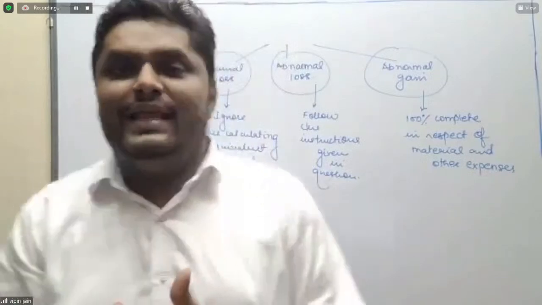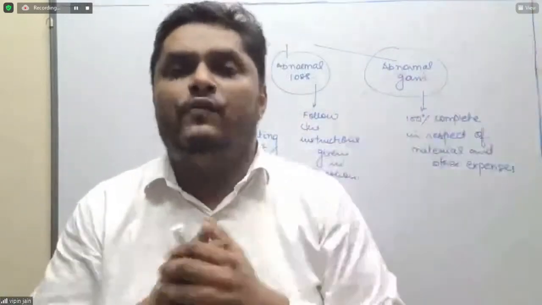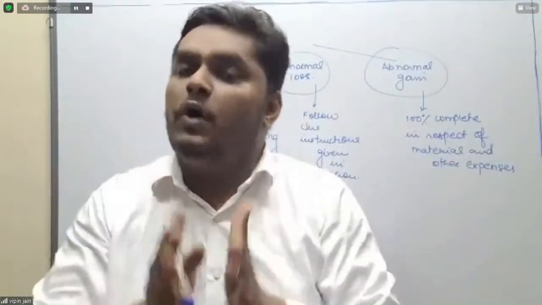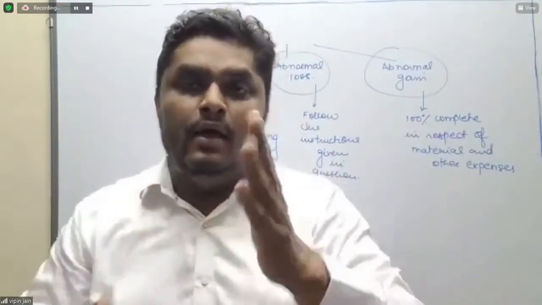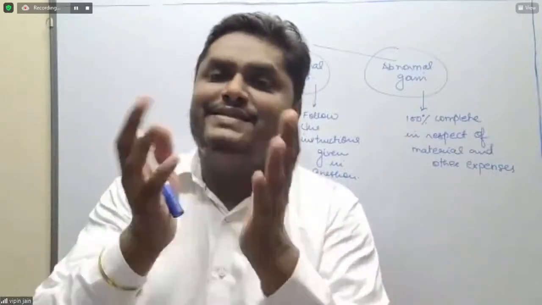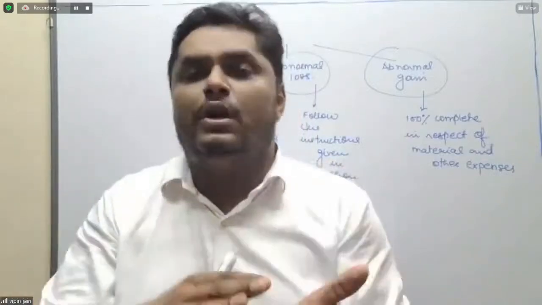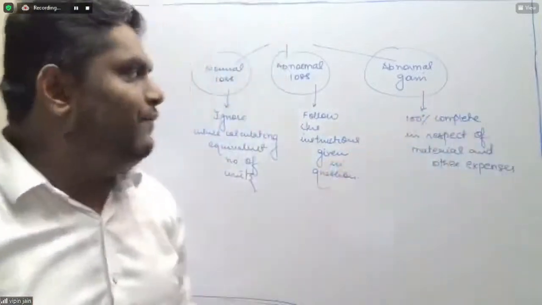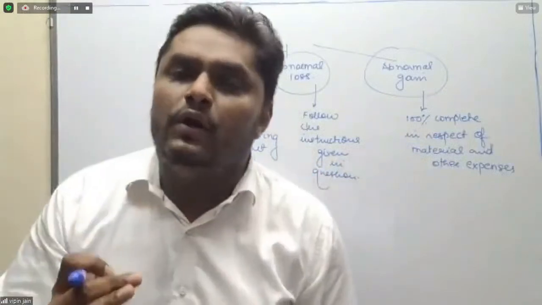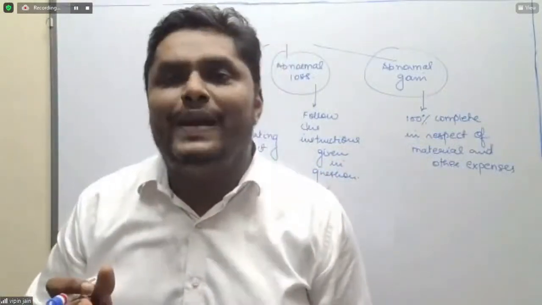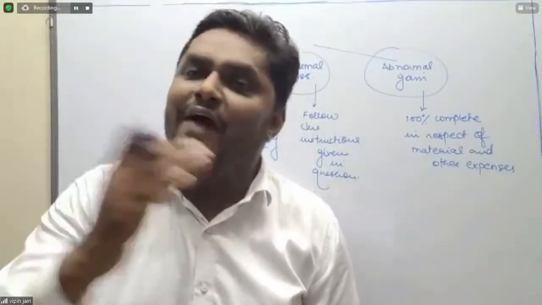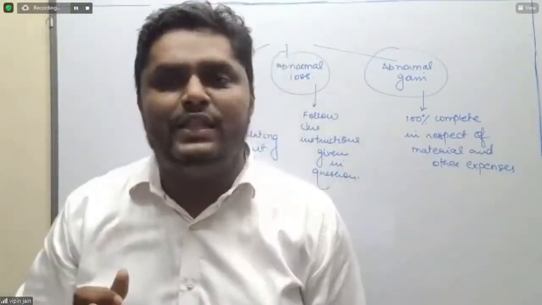So I repeat again, in the last question of equivalent number of units, no information was given as regards normal loss and abnormal gain. But what if in a particular question information is given as regards normal loss or abnormal gain, we have to follow the following assumptions. If it is normal loss, we have to ignore it while calculating equivalent number of units. As far as abnormal loss is concerned, we have to follow the instructions as given in the question.